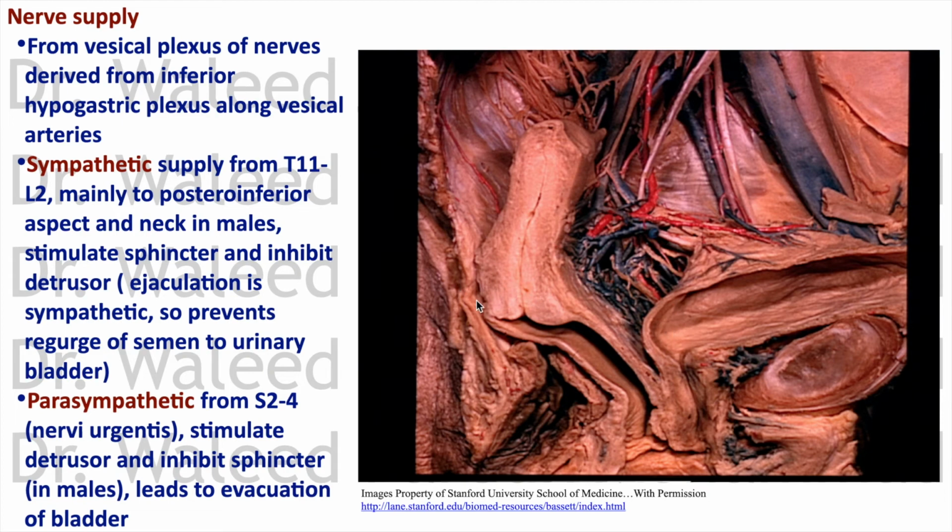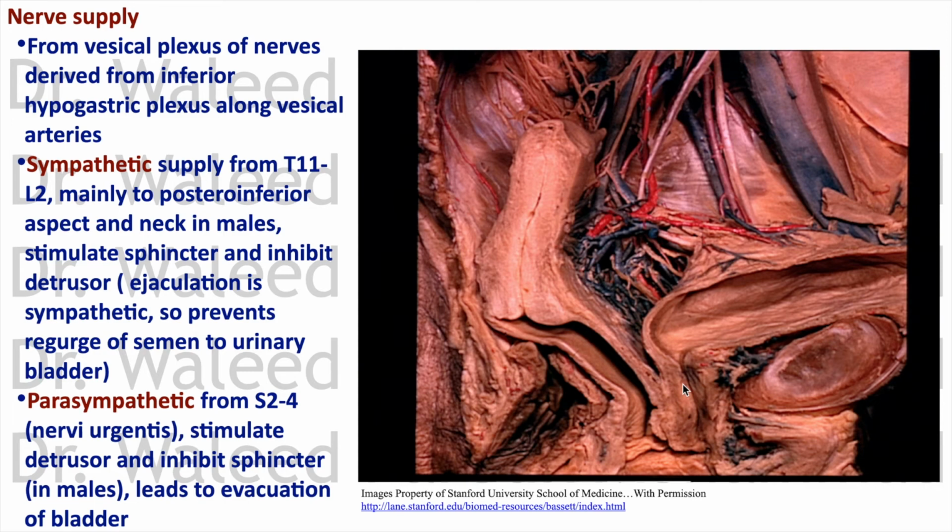Now, the sympathetic supply is from T11 through L2, mainly to the posterior inferior aspect and neck in males. So here, in this part, in males, it's predominant sympathetic supply, but there is parasympathetic, but predominant sympathetic supply.